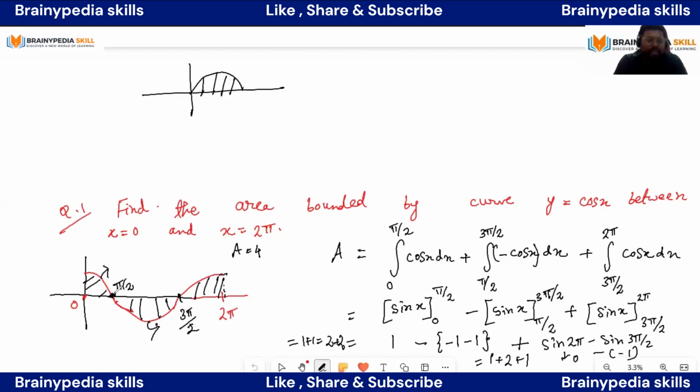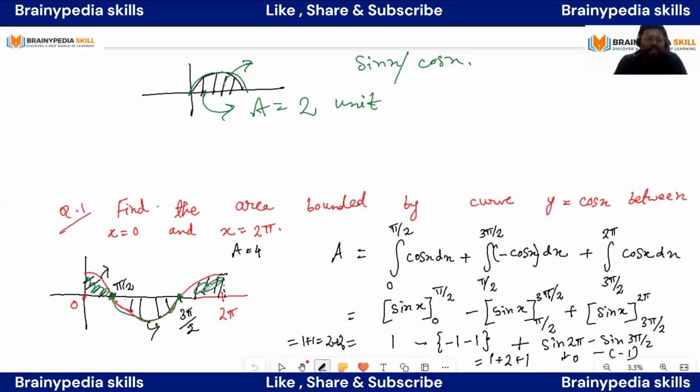If I consider from this part to this part, it is one complete semicircle, from pi by 2 to 3 pi by 2. So always remember, either it is the curve of sin x or the curve of cos x, one complete arc will give you the area as 2 unit. So this is one of the halves.